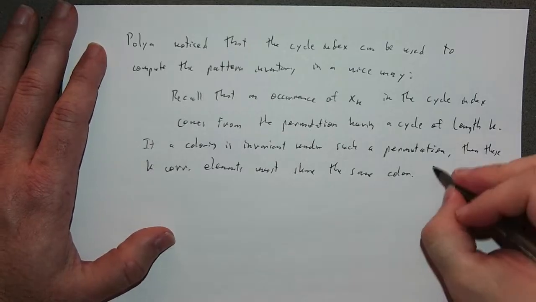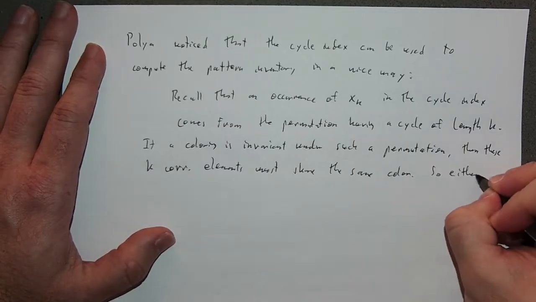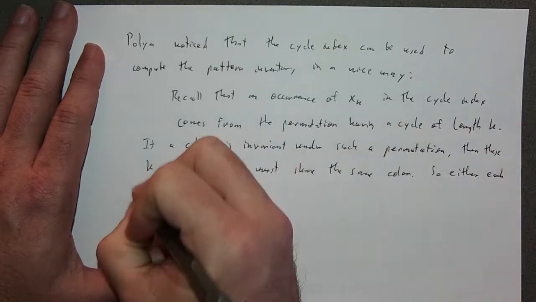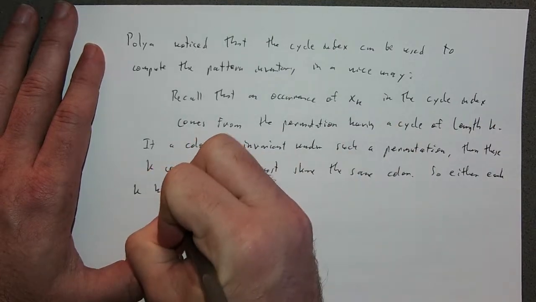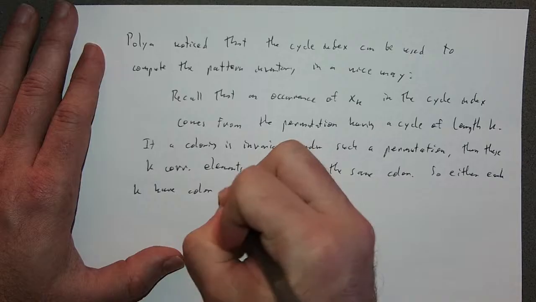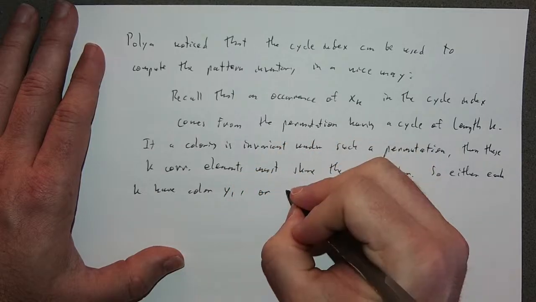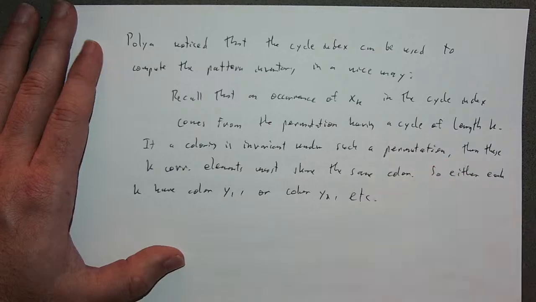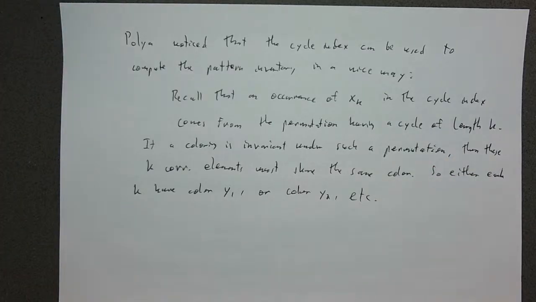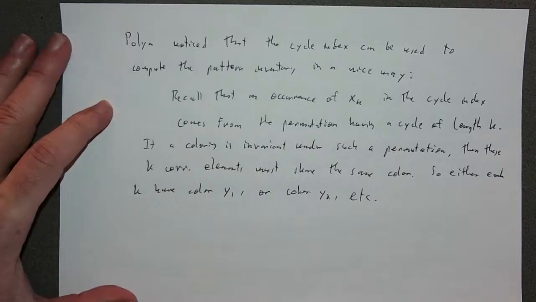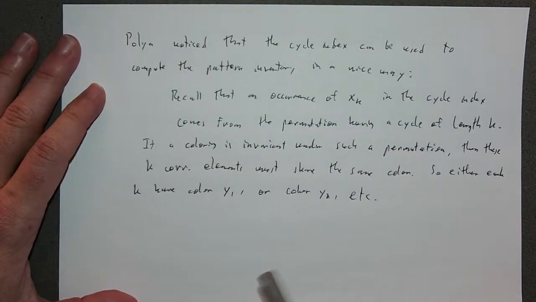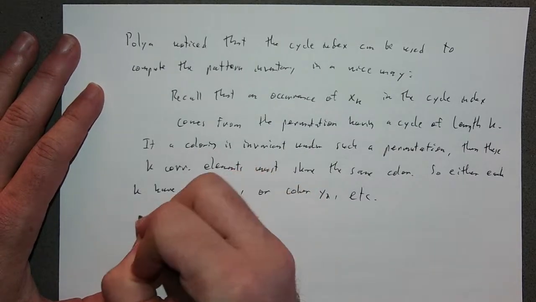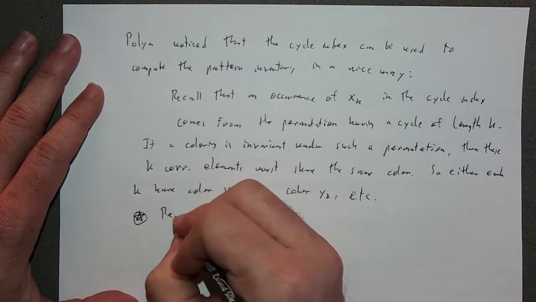So either each of the k has color y sub 1 or color y sub 2, and so on. Whatever it is, it's all that same color, all k. So then, because of how we treat generating functions, here's the important bit.